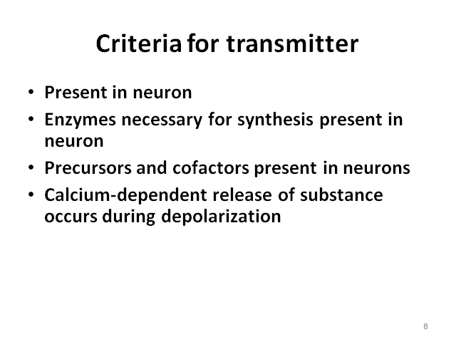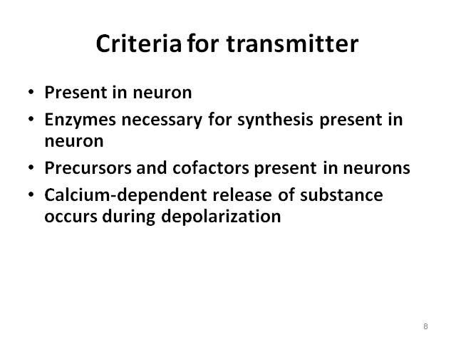Now, the next few slides, starting with slide 54, are the criteria for a transmitter. This is something that you should make sure you know. I think most of you have had this before, so I'm going to cover them very quickly. These are the things that we use to identify whether a substance is a neurotransmitter. First of all, it has to be present in the neuron.